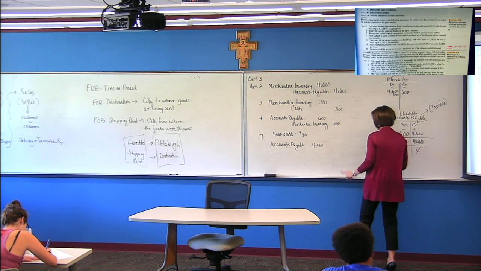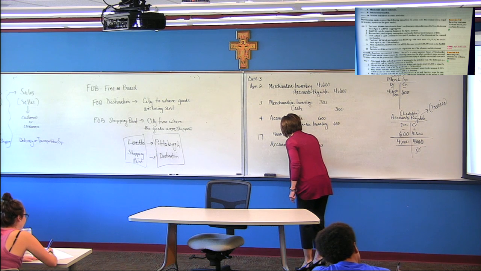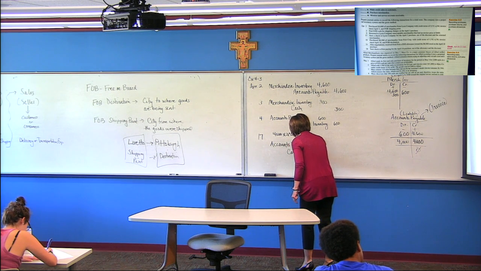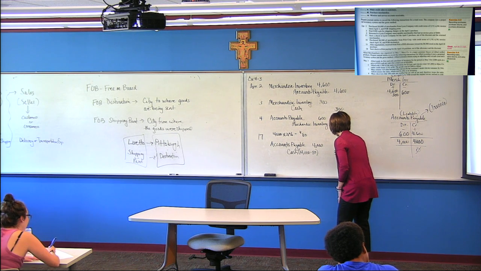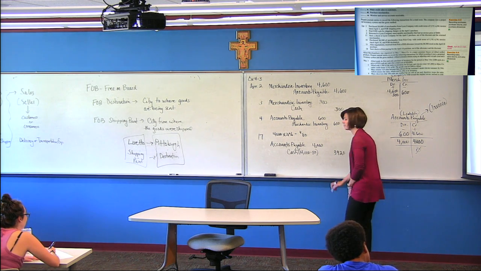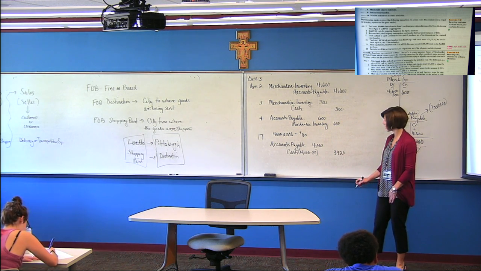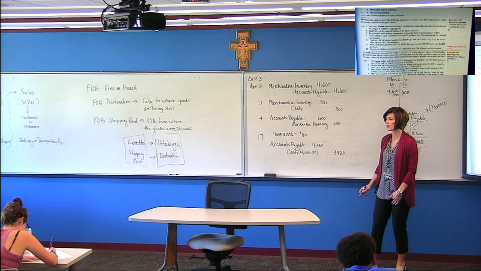However, my cash amount is going to be 4,000 minus $80, which is 3,920, right? Without a calculator, but I think I can handle that one.